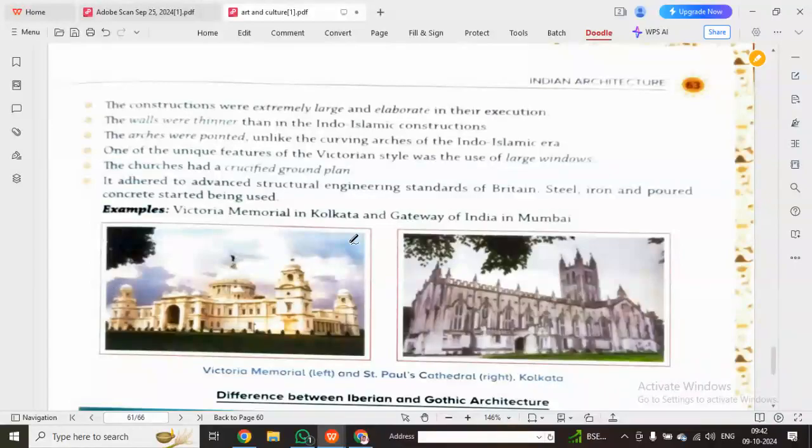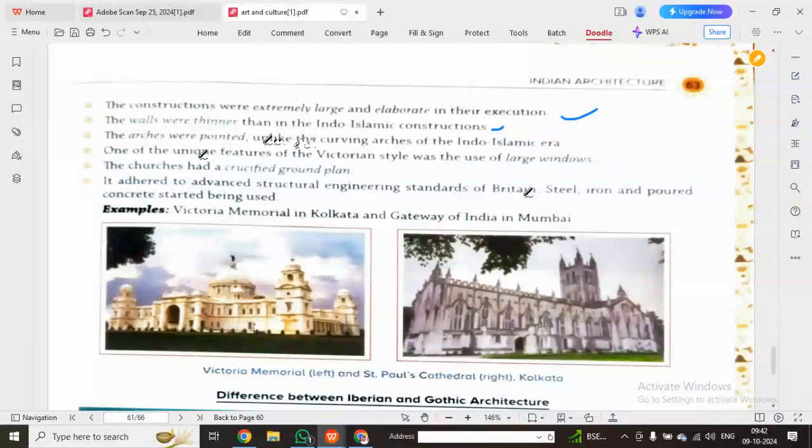Indo-Gothic की बात करें तो it is also called the Victorian style. Unique blend of Indian, Persian, and Gothic.